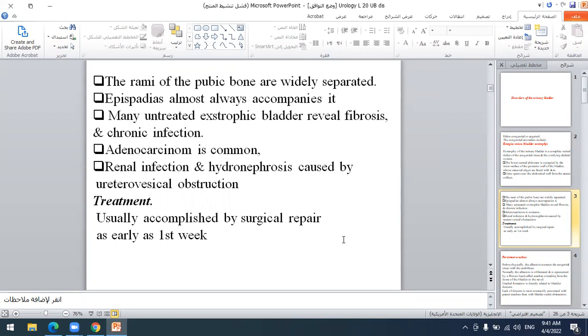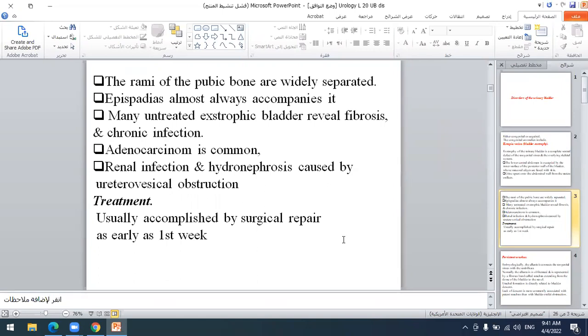So it is a case of ectopia vesicae. The doctor should only put a wet gauze on the area and call the urologist.